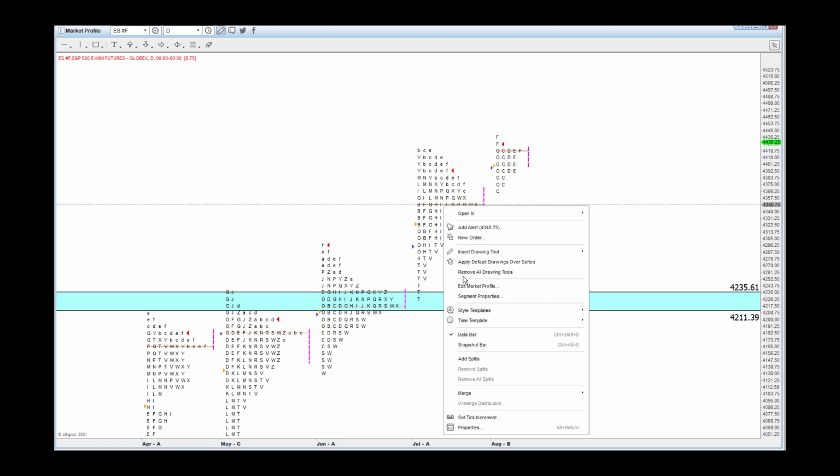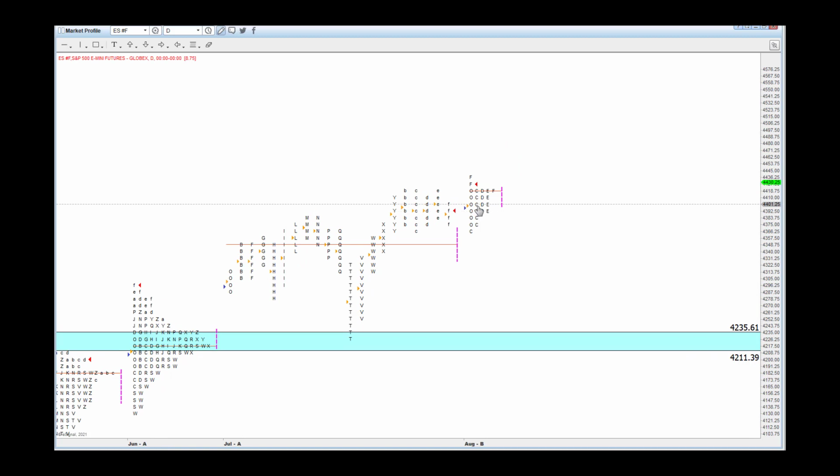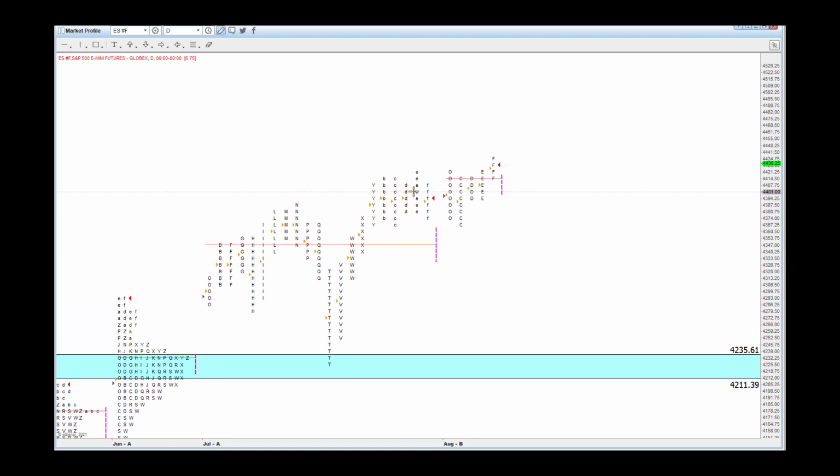So let's split this out and see if we can tell anything else that's useful that might be going on. And indeed, we can. You have to be careful when you use a specific chronological construct for your profile view, because what you're trying to determine, again, is market condition.